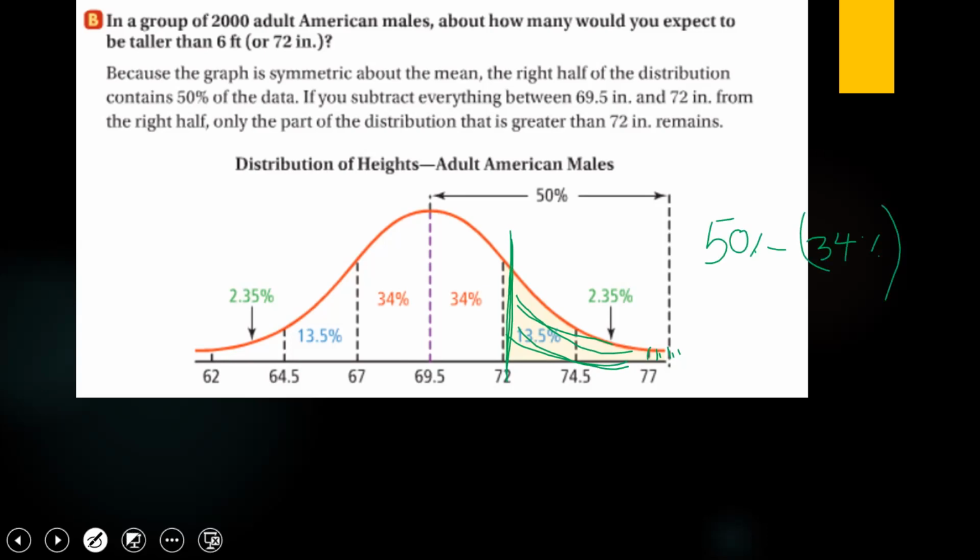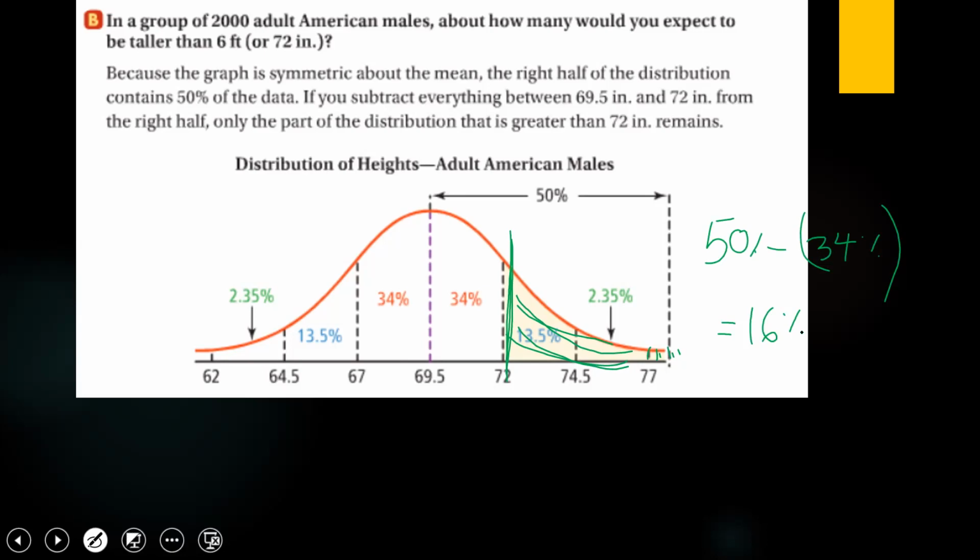When you subtract them, you will find the area above 72, which is 16%.